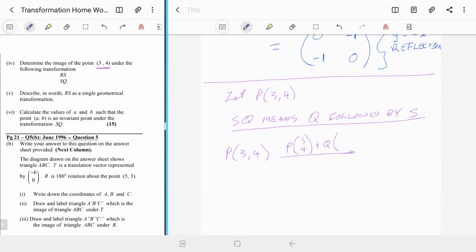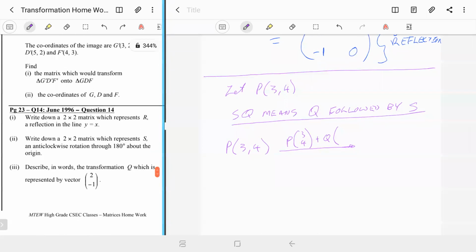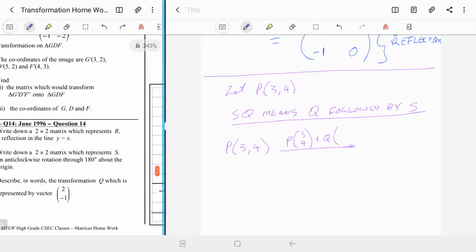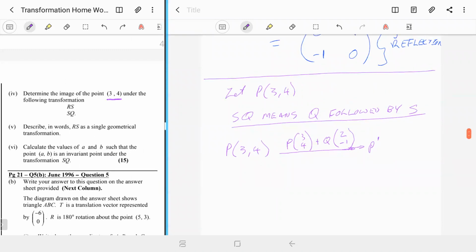Q translation was 2, -1. So you add the translation 2, -1. That's going to take me to a point which I'm still going to call P prime, using a different transformation. 3 plus 2 is 5. 4 minus 1 is 3. It's going to take me to that point.